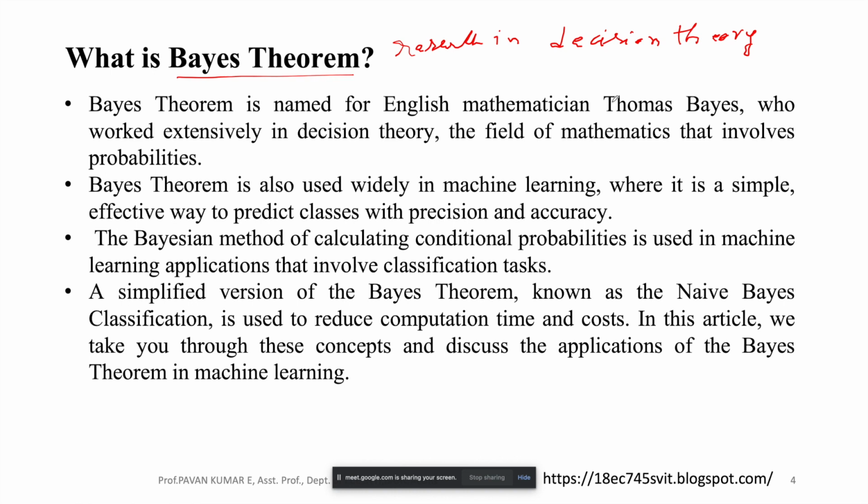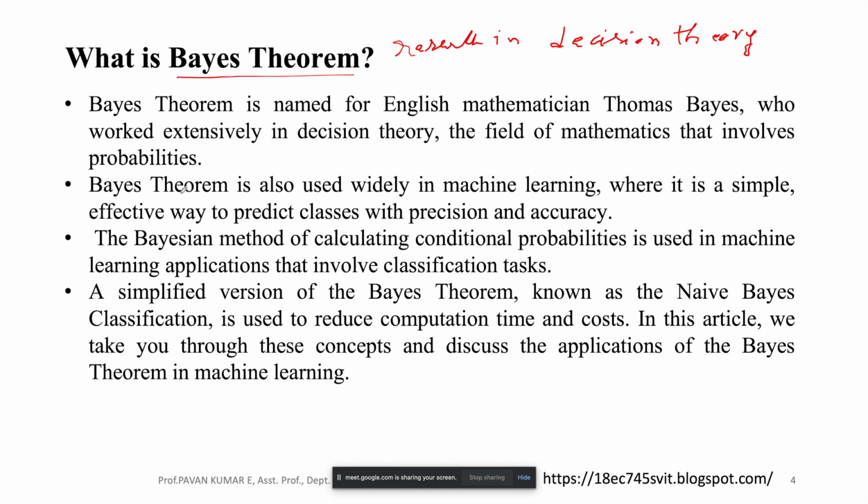The decision theorem is used for predicting certain objects. It has a basis in probability concepts. Based on that decision theory, it has been implemented in machine learning. So that is the first point.